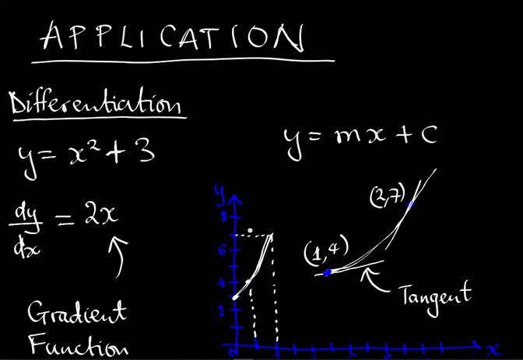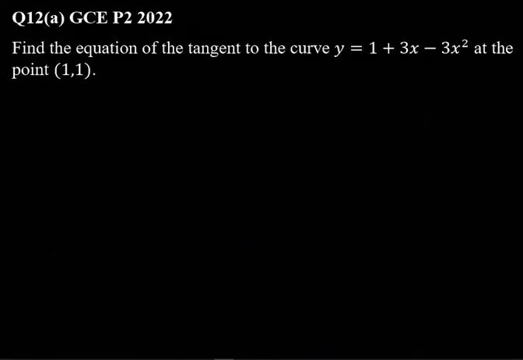For example, you might be told to find the equation of the normal. So things you need to remember are that the normal and the tangent are at 90 degrees. And because of that, you need to make use of the relation we know that m1 m2 is equal to -1, given that these two lines are at 90 degrees to each other. Let's look at some exam questions that tackle that.